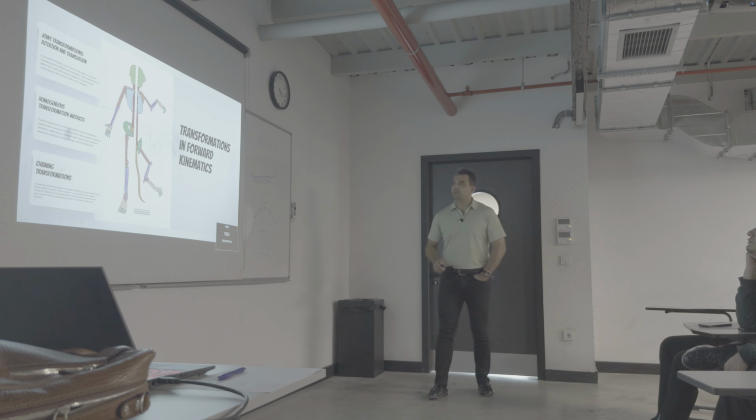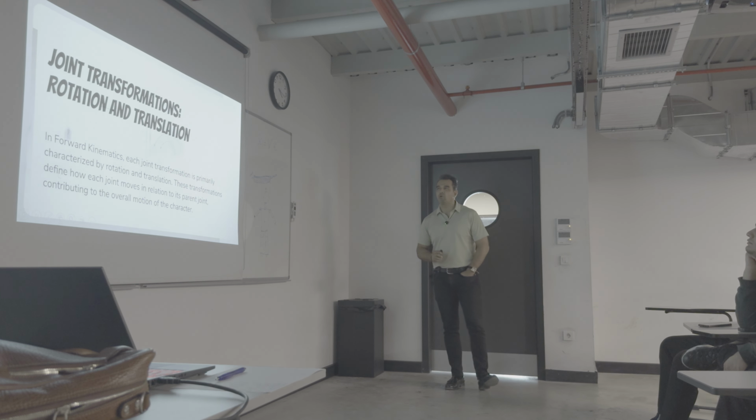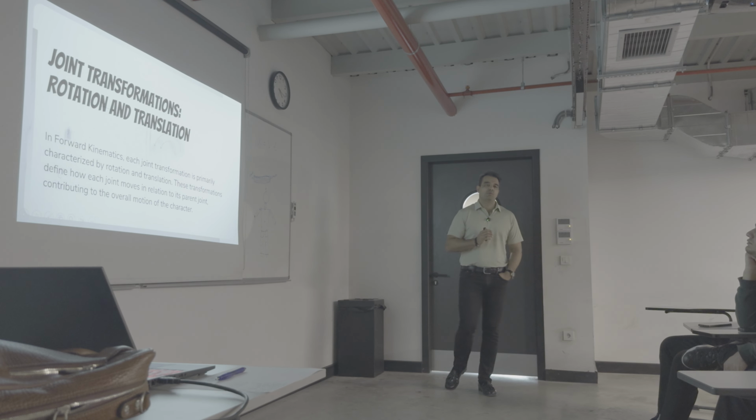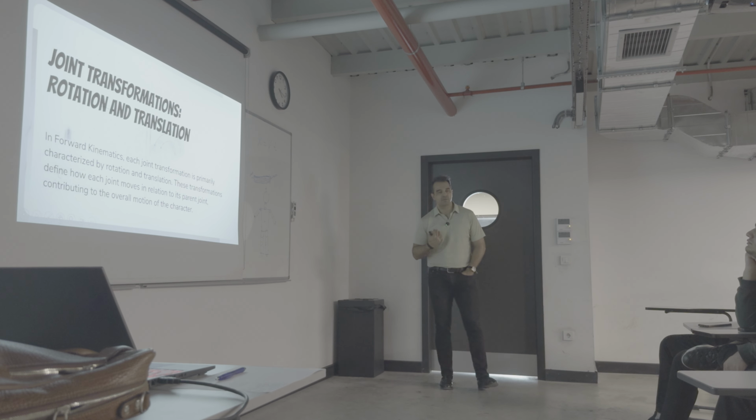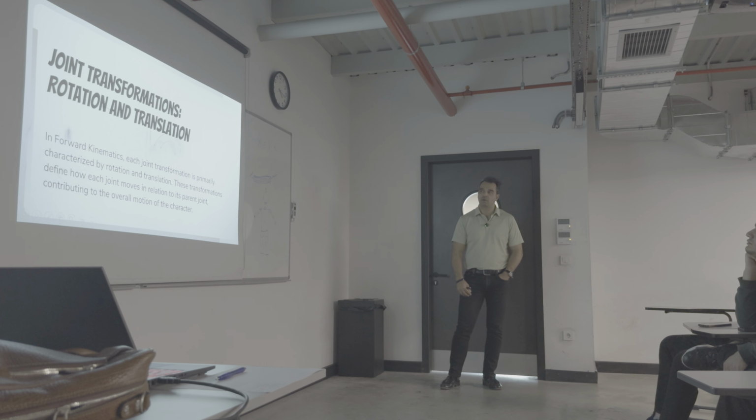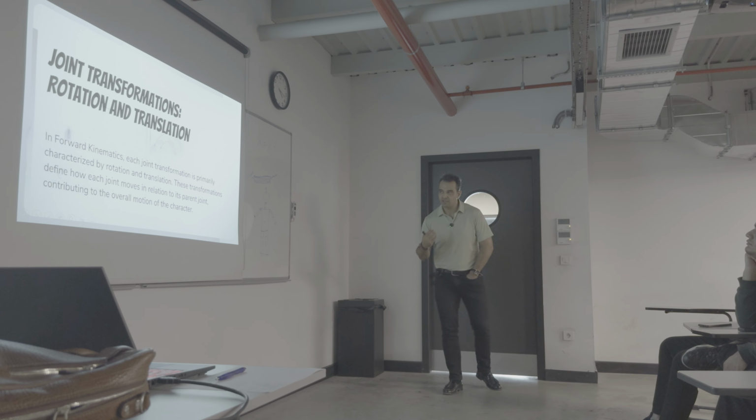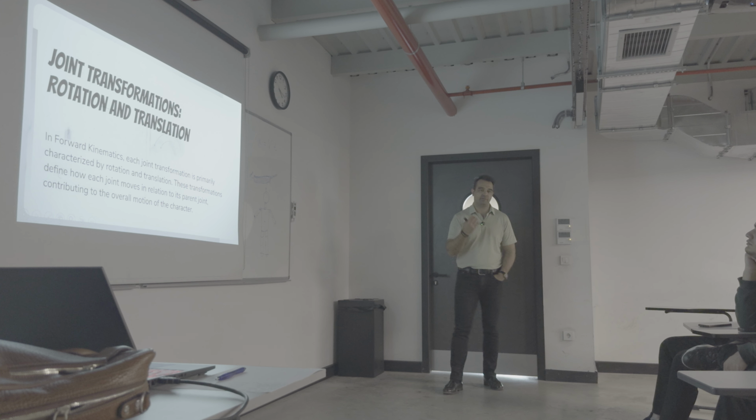When we come to the transformation in forward kinematics, first of all, we have to consider the joint transformations. Actually, it provides us the rotation and the translation of the character.